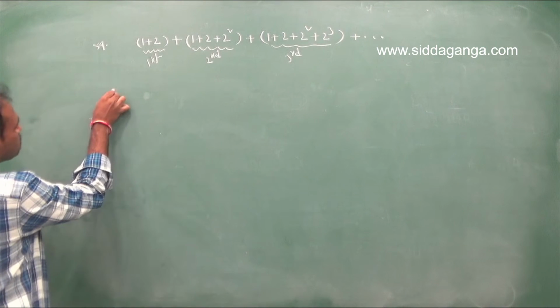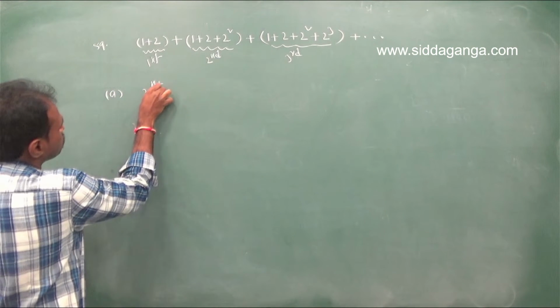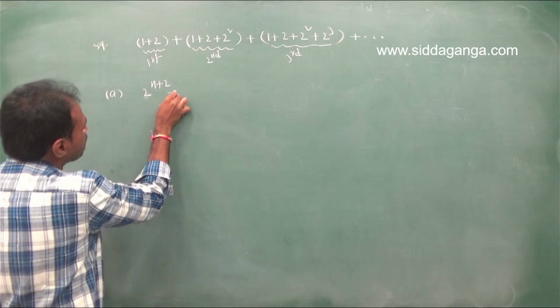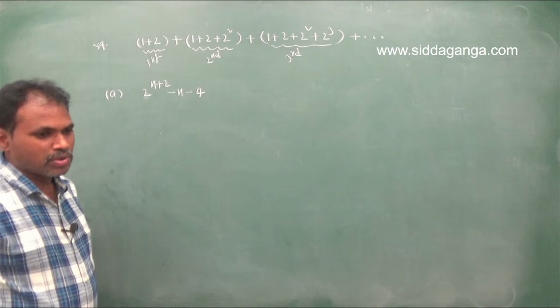Now I am taking the first option: 2 power n plus 2 minus n minus 4.